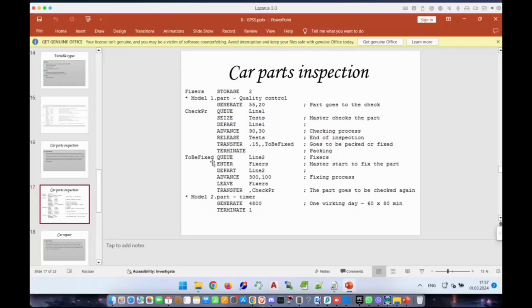Well, the story about fixing the spare part is the following. That spare part reaches another waiting line. Then one of the fixers takes the spare part and fixes it for a specific amount of time, which, as you know, is 300 minutes plus or minus 100.